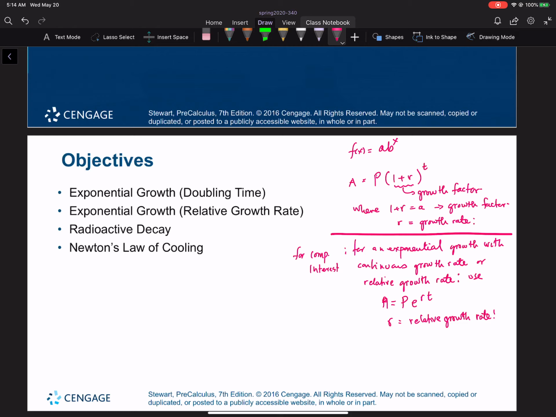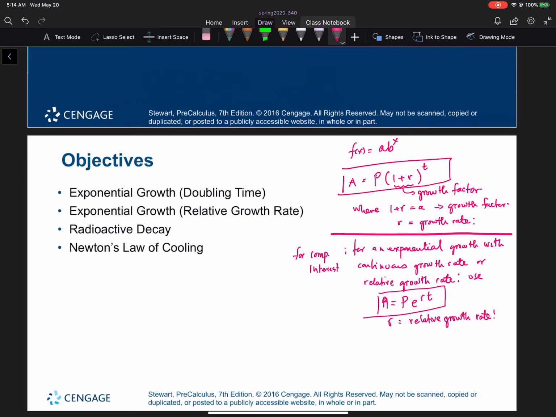And in that case, we used what? PERT. Amount was equal to P e raised to the rt. So we've seen this concept play out when we talked about compound interest, if we're doing it semi-annually, daily, quarterly, versus when we're doing it continuously. So those are the two big themes that came out.